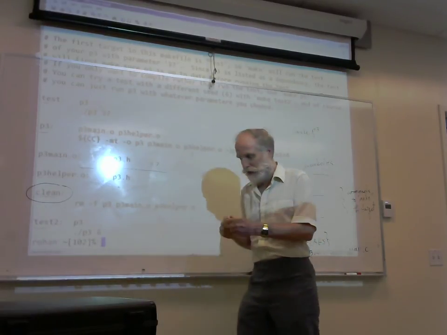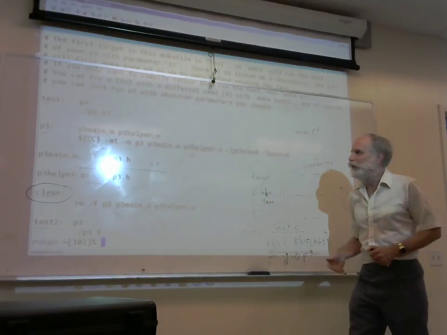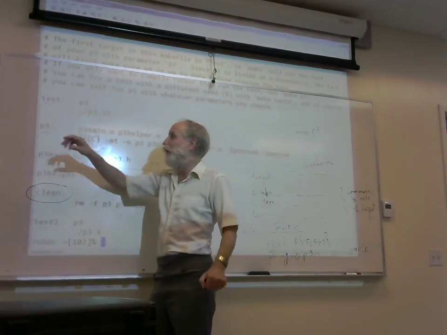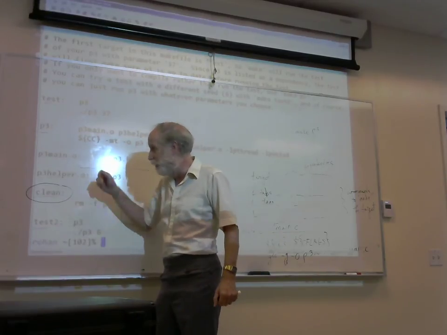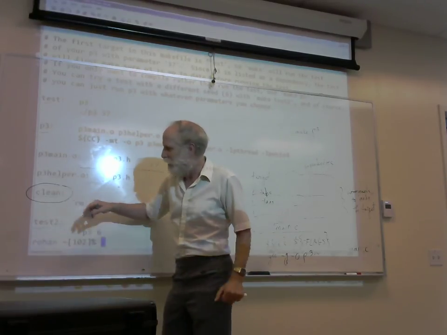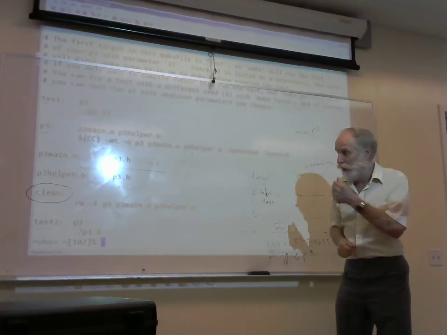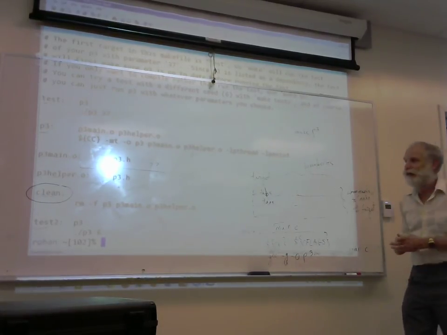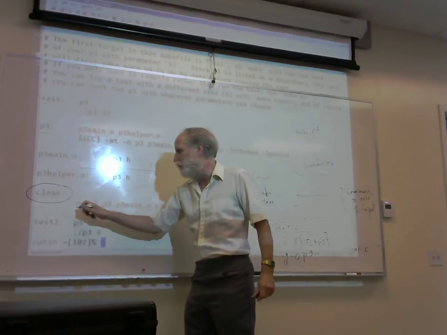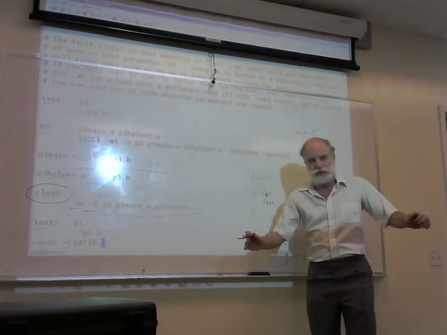We have a make clean, which, like when I had this one, it created a file called P3. When I had this, it created a P3name.o, and so on. You'd think this one is going to create a file called clean, but it's just going to do whatever commands you told it to do. And in this case, it doesn't make a file called clean. It instead cleans up your directory.